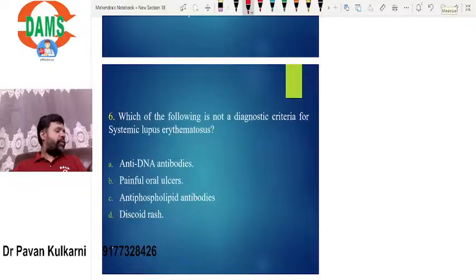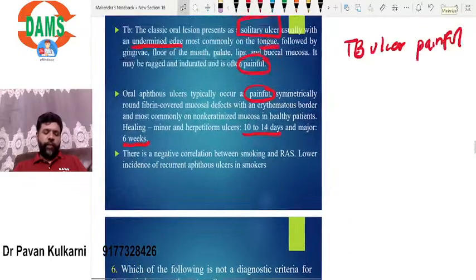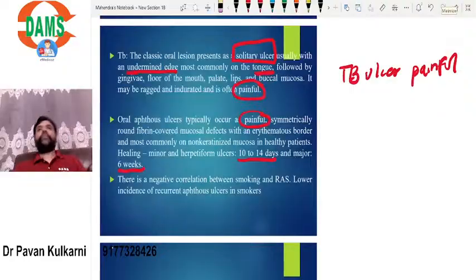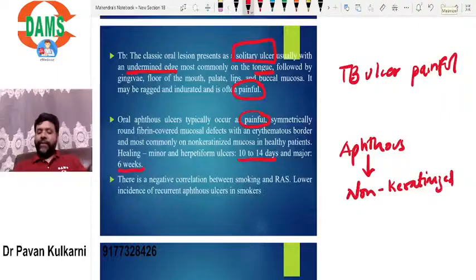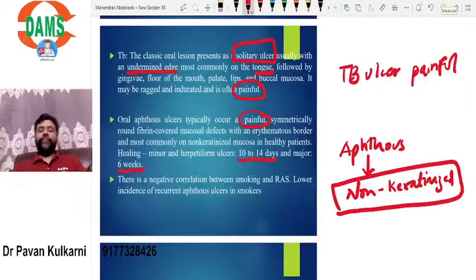Moving on, there's one important negative correlation you have to remember. Smoking and recurrent aphthous ulcers have a negative correlation. What do you mean by that? In smokers, you will see fewer aphthous ulcers. Why? Because aphthous ulcers typically occur on non-keratinized mucosa. Wherever there is non-keratinized mucosa, aphthous ulcers occur in that area.